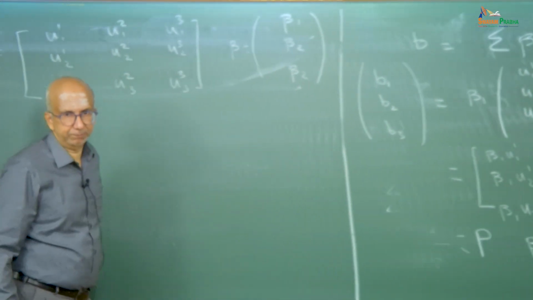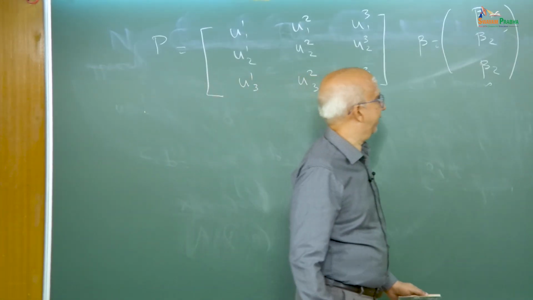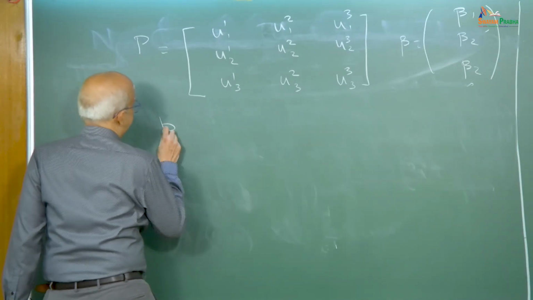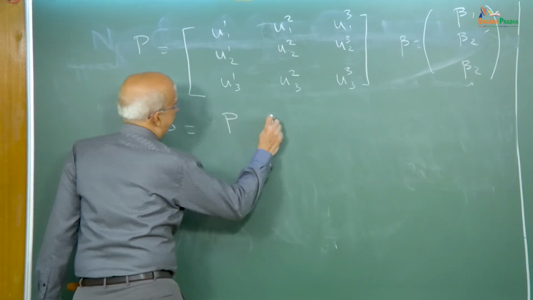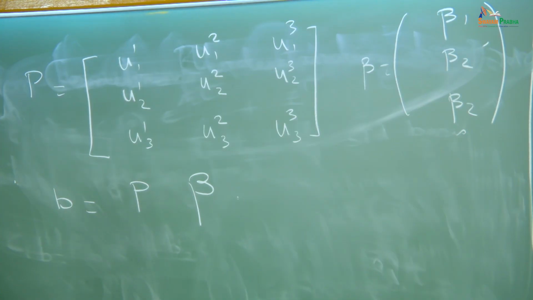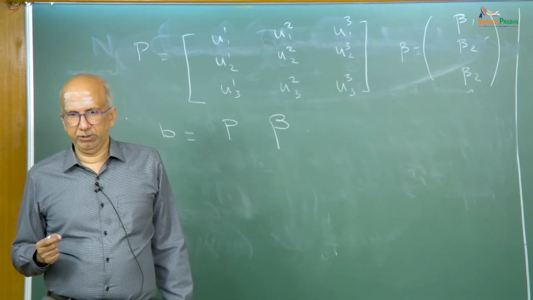You can check it out. Okay. So, basically what I am trying to tell you is that B is P times beta. And what is P? B is a representation of the vector in the classical basis, EI basis.